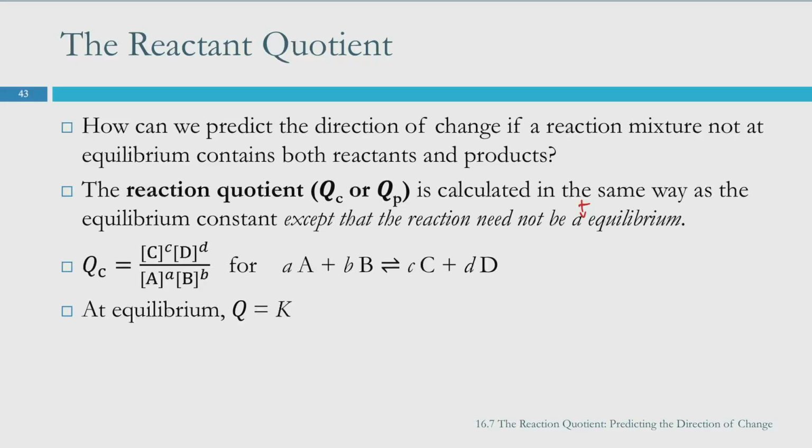The reaction quotient, a quotient is just the result of division. So like a product is what you get when you multiply stuff, the quotient is just the result when you divide. The reaction quotient, QC or QP, is calculated the same way as the equilibrium constant, but it's not at equilibrium.